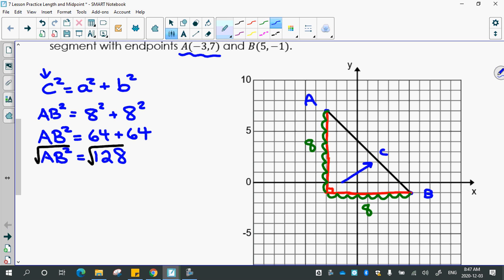So that means the distance from point A to point B, usually it ends up being approximate. Get your calculator and do the square root of 128. That gives you 11.3, and the units are just grid units in this case. Okay, so just 11.3 units long.